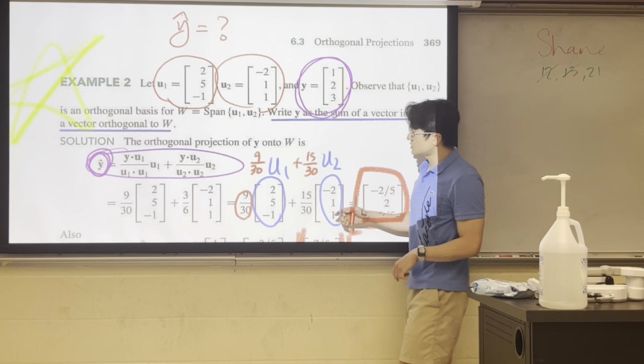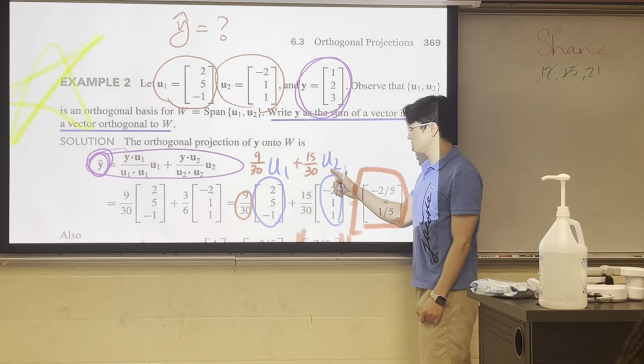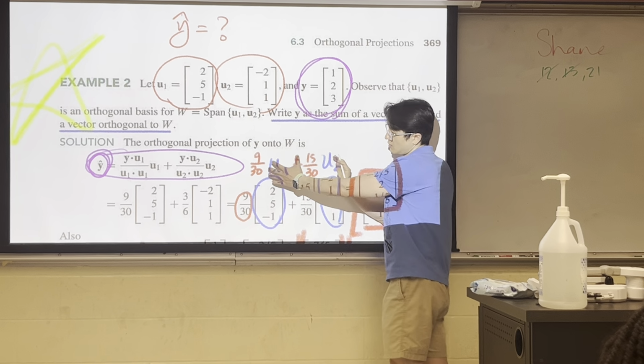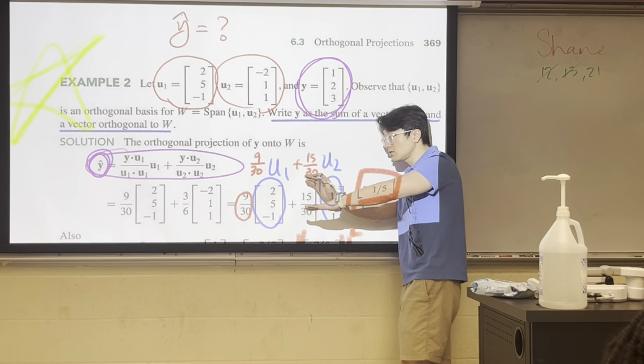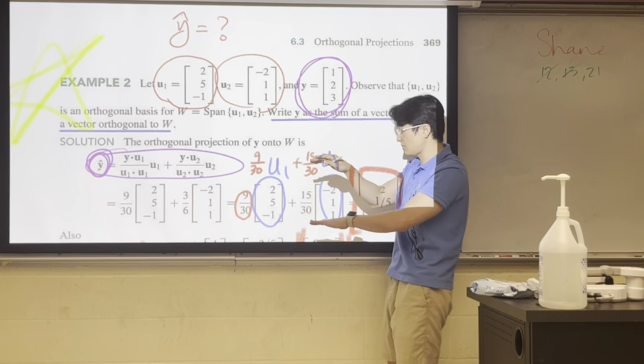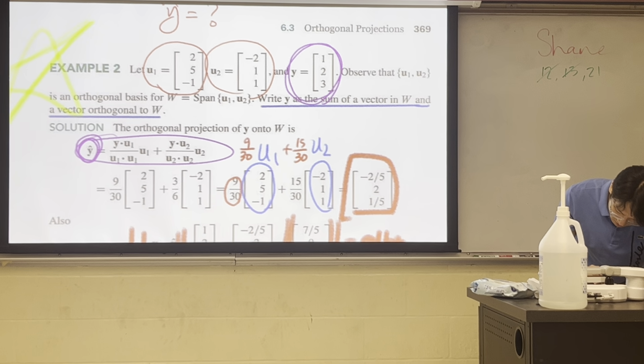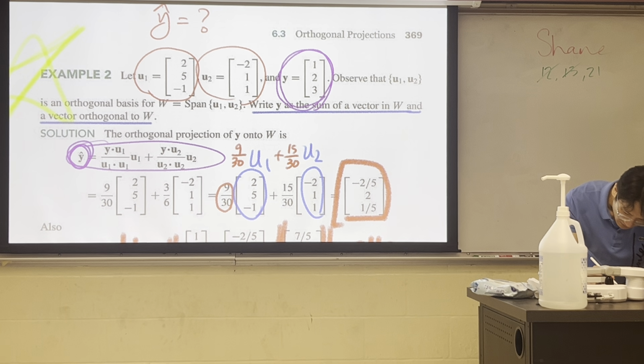So what it means is, if you scale u1, and also scale u2, and add them all, that will be the projection of y onto the space that I have. So the answer that I want here is this.